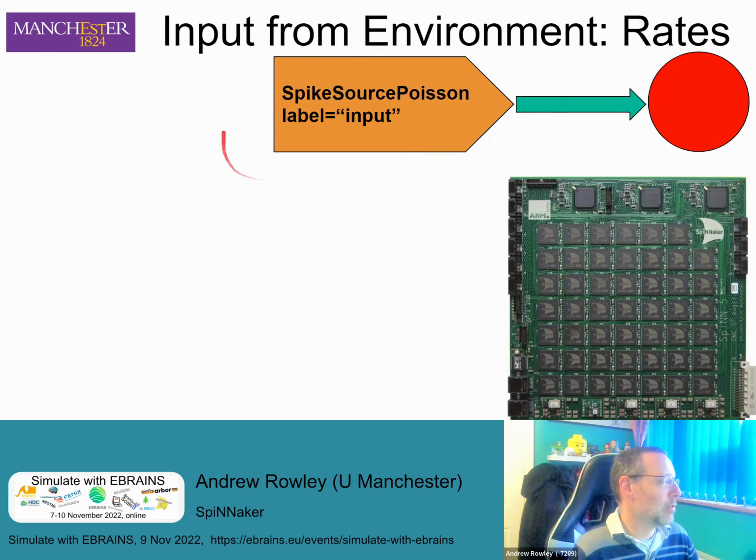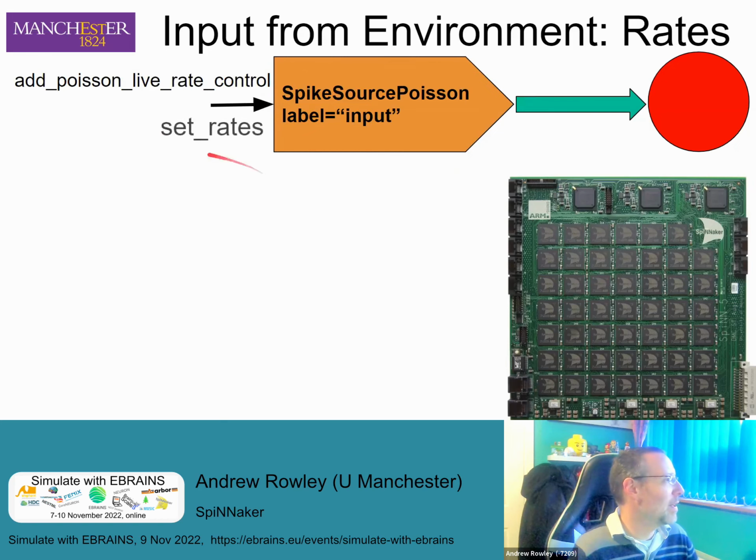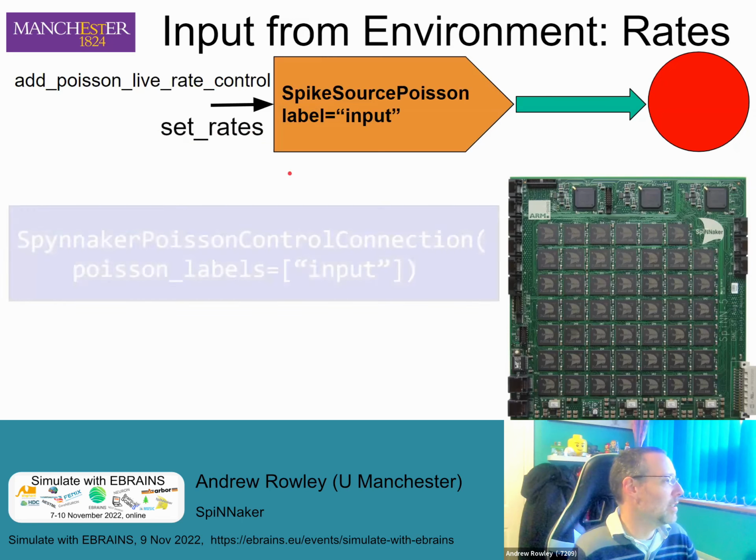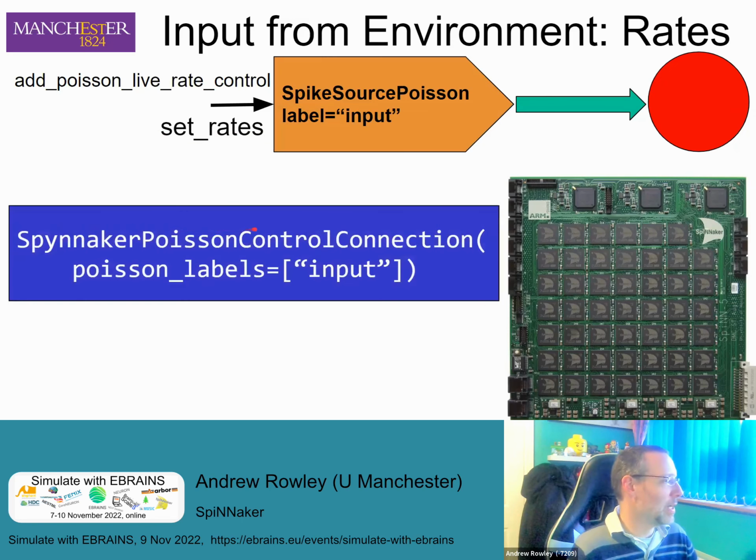Similarly, if you've got Poissons in your network, you can actually change the rate of those live. If you set up these Poissons, you can add a Poisson live rate control to the system, which basically says, I'm going to control these with a live input somewhere. And then you call set rates. This is done with a Spinnaker Poisson control connection, so another complicated long name. I forgot to mention in the last slide, but I did mention labels on populations.